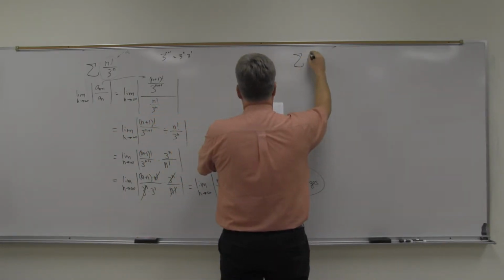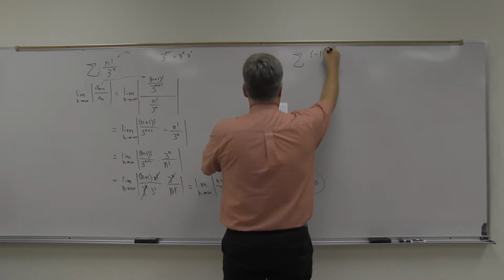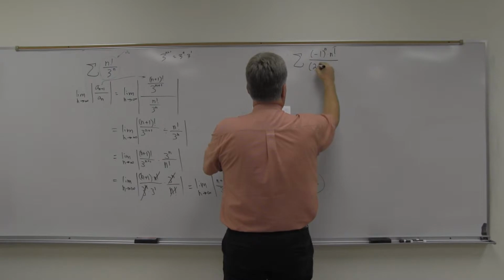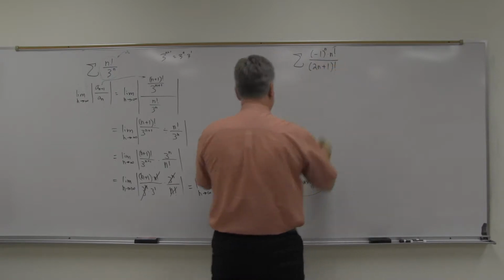So this one is going to be the series (-1)^n times n factorial over (2n+1) factorial. We'll talk about that.